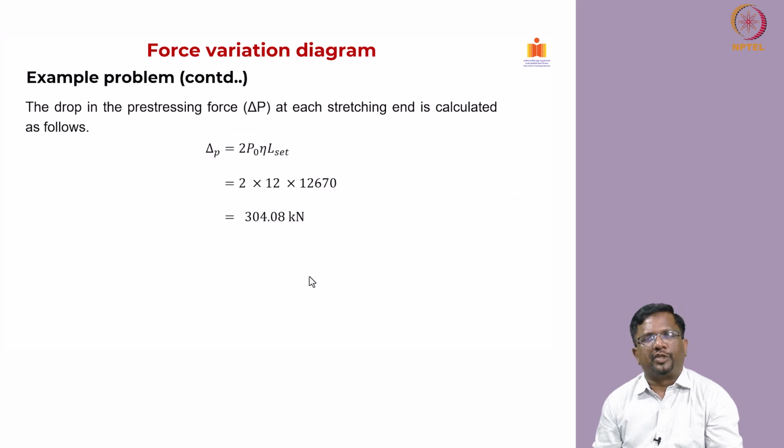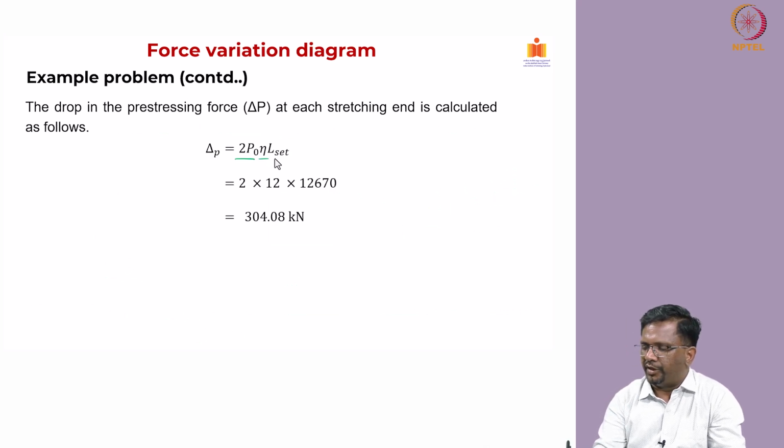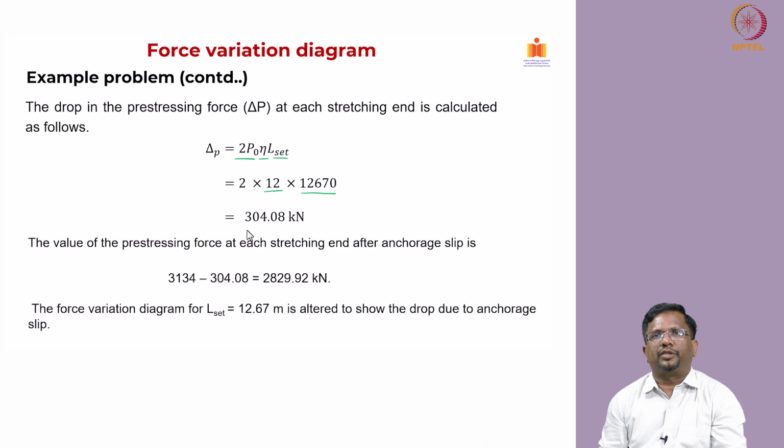So, the drop in pre-stressing force because of the anchorage slip is 2 into P naught into eta into L set. Eta we have already calculated as 12 Newton per millimeter, L set is 12.67 meter, which is 12,670 millimeter, and 2 P naught eta is 12. So, you get your delta PS as 304.08 kilonewton.